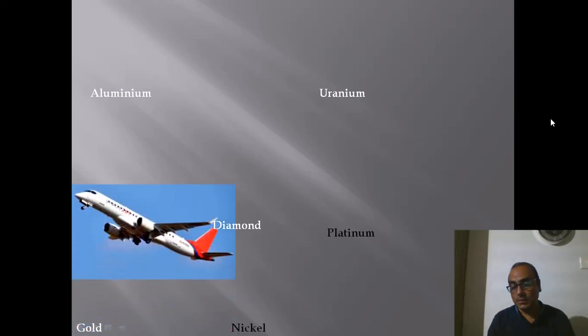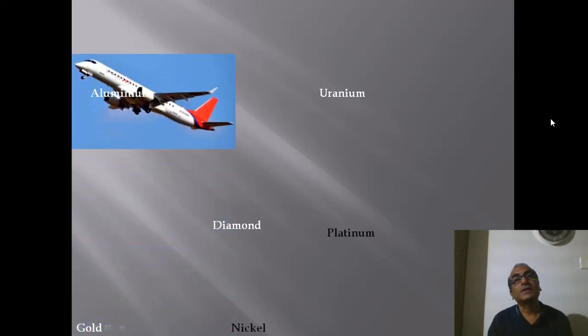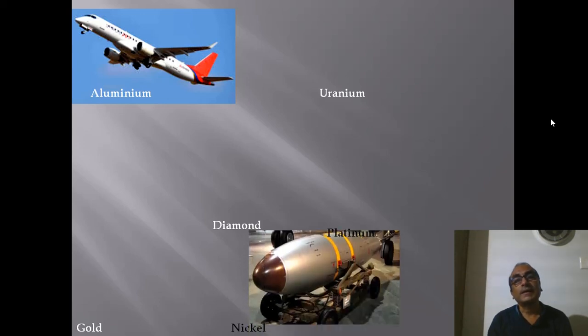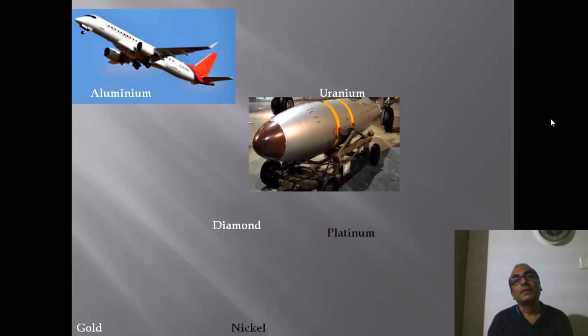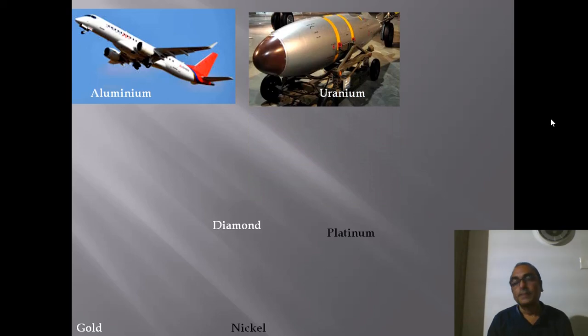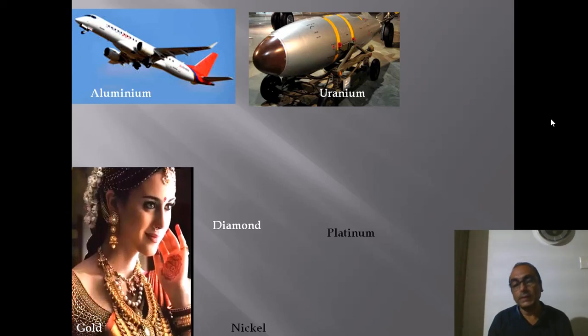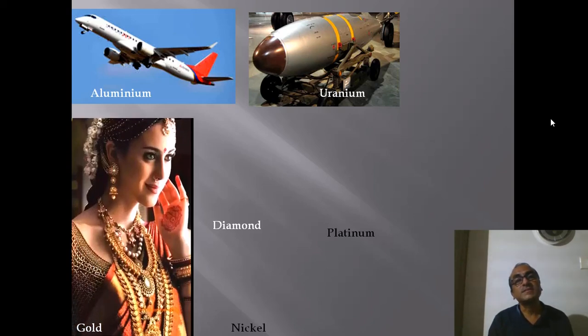Now let's take up some pictures which depict the use of the minerals. Like in making aircraft, aluminum is used, and in making nuclear bombs, uranium is being used. And as we know, gold is extensively used in ornaments, especially in India.